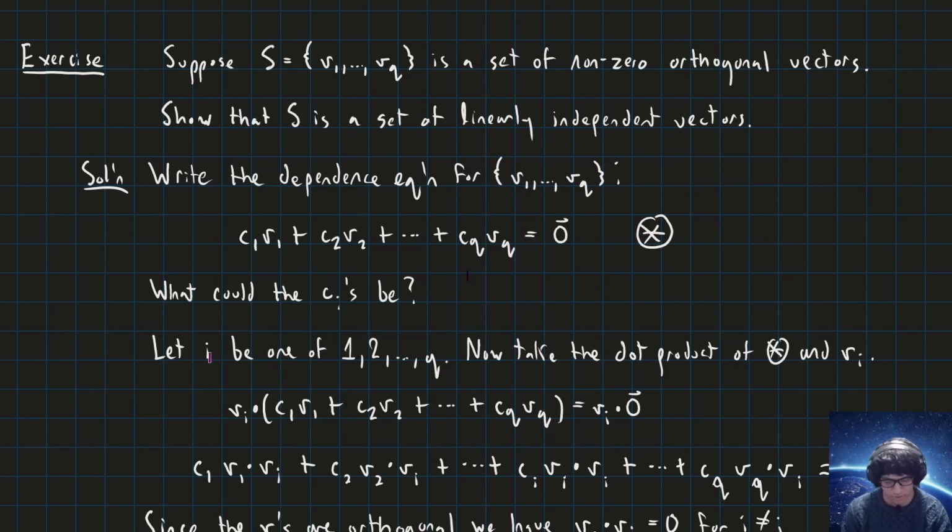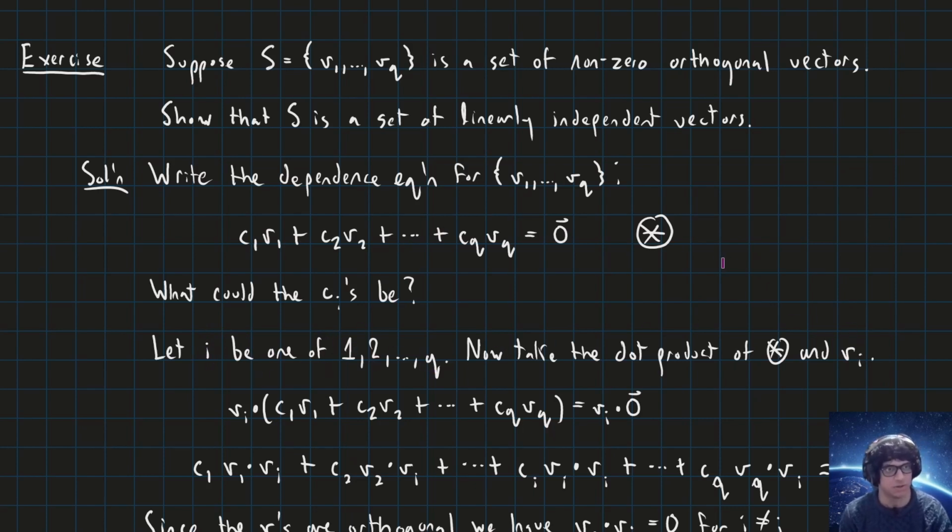So we're going to let i just represent one of the numbers between 1 and q. Remember, there's q many vectors. So this is what we're going to do. We're going to take the dot product of this equation with a vector vi. Remember, the i comes from one of these numbers.